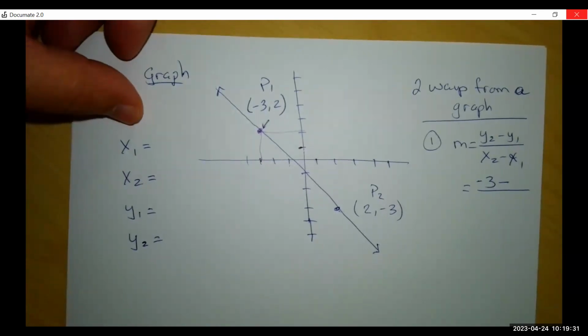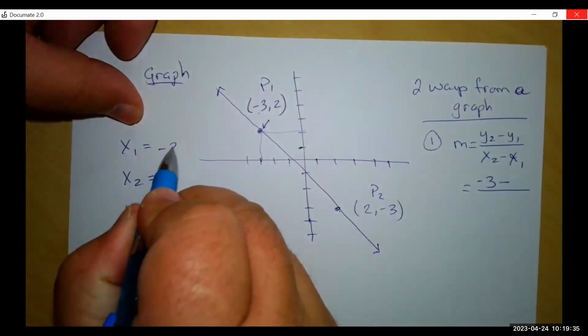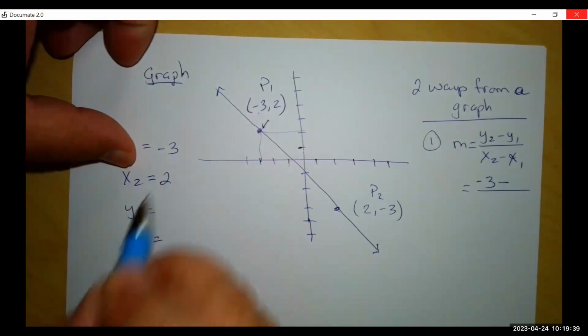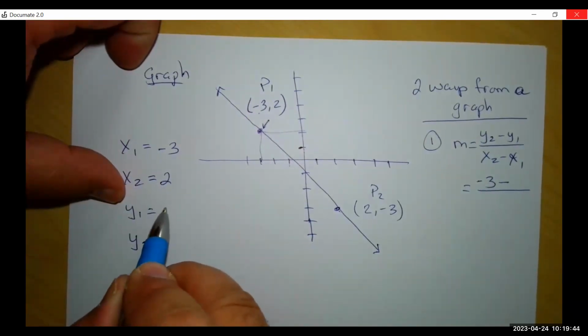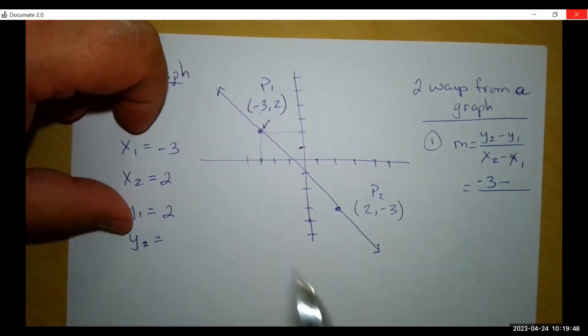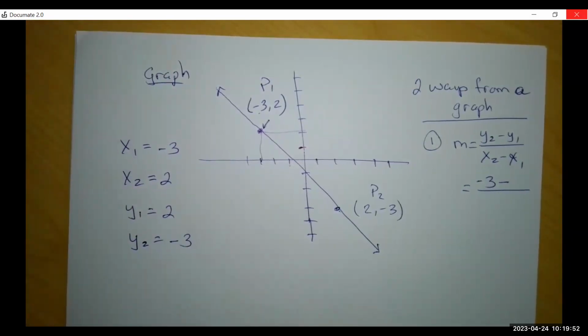So what is x1? x1 is -3. x2 is the x value of the second point. y1 is positive, it's the y value of the first point, and y2 is -3.